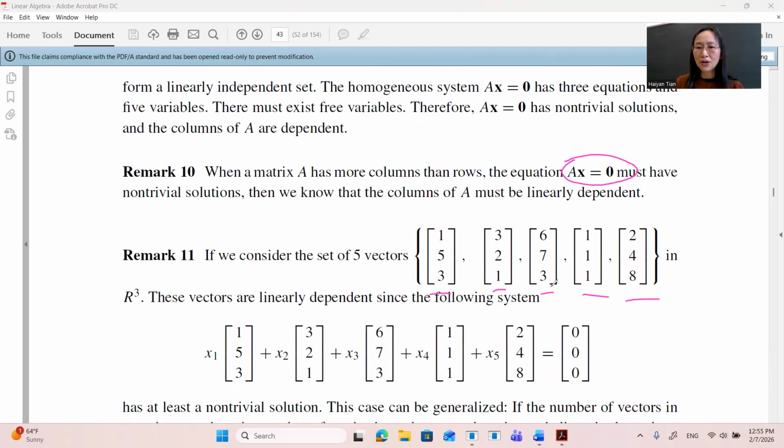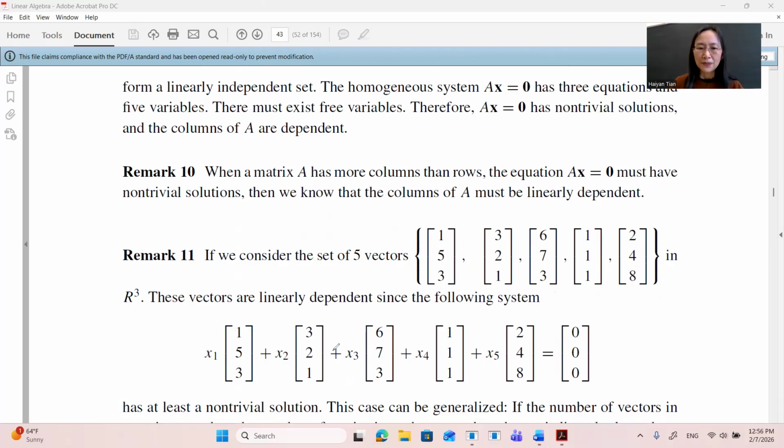So when you have more columns than equations, the system has some free variables, implying linear dependence of the columns of A. That also means whenever you have more vectors than the number of entries, if we compare, each vector has 3 entries, right?